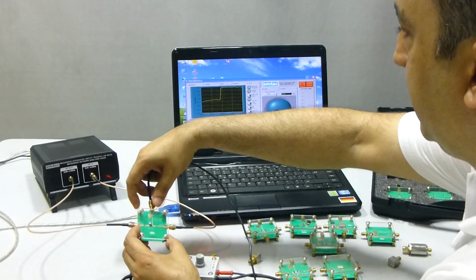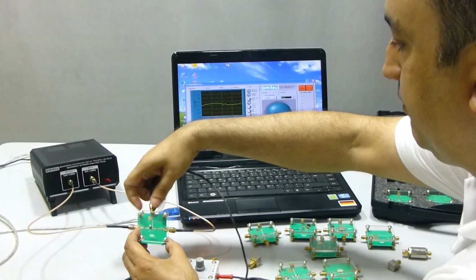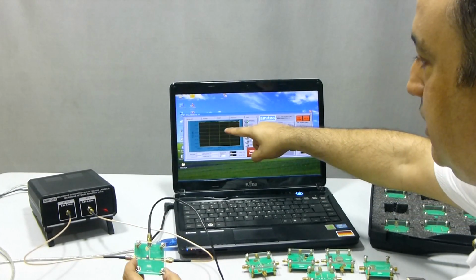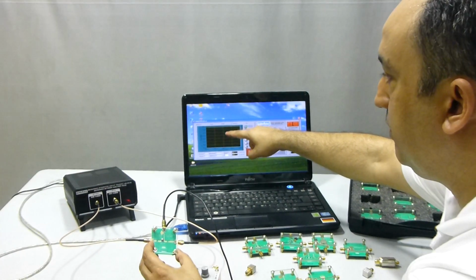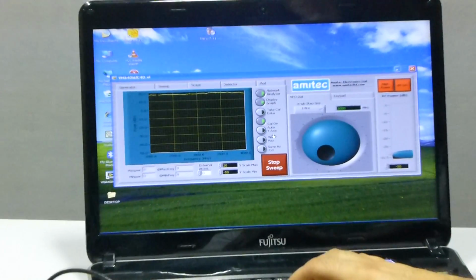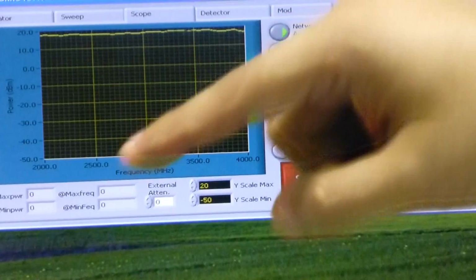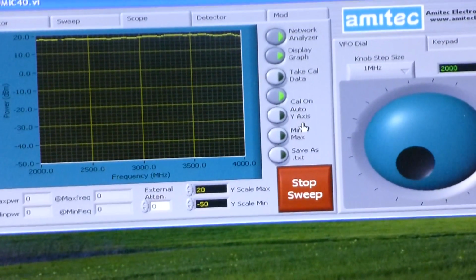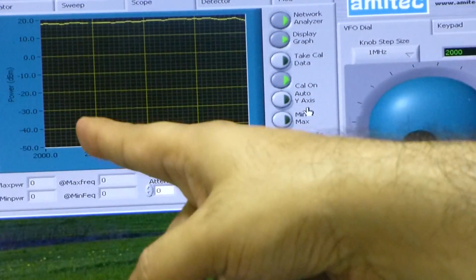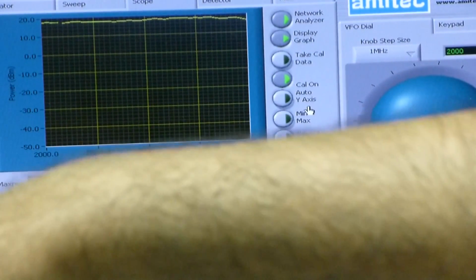So we see we have connected a power supply. The moment we have connected the power supply, we can see that the curve has shifted from 0 dB, where we called, to roughly about 20 dB. So we can see that the amplifier has provided us with a 20 dB of power gain at the frequency from 2 to 4 GHz.